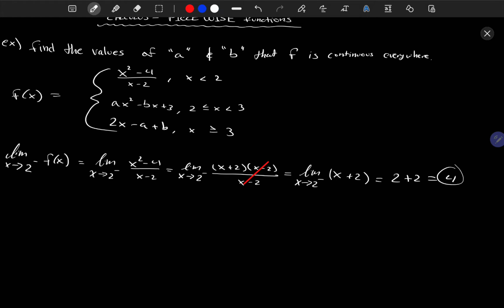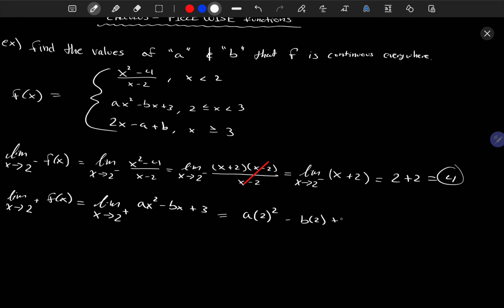What happened there? Sorry about that. So now we have the limit as x approaches 2 from the right of f of x equals the limit as x approaches 2 from the right of ax squared minus bx plus 3, which is equal to a times 2 squared minus b times 2 plus 3, which is 4a minus 2b plus 3.